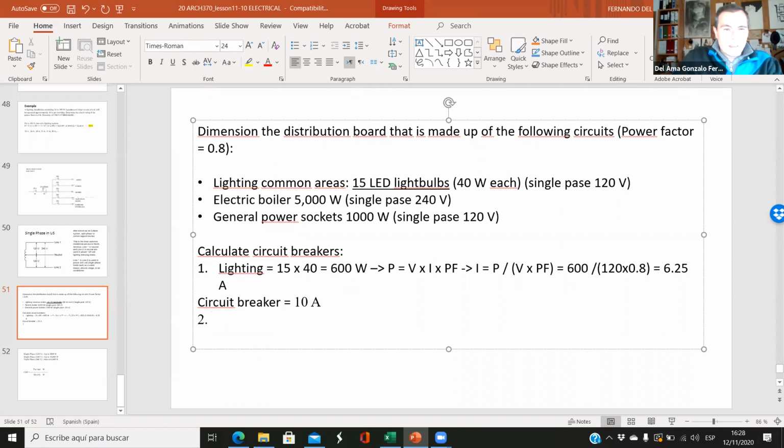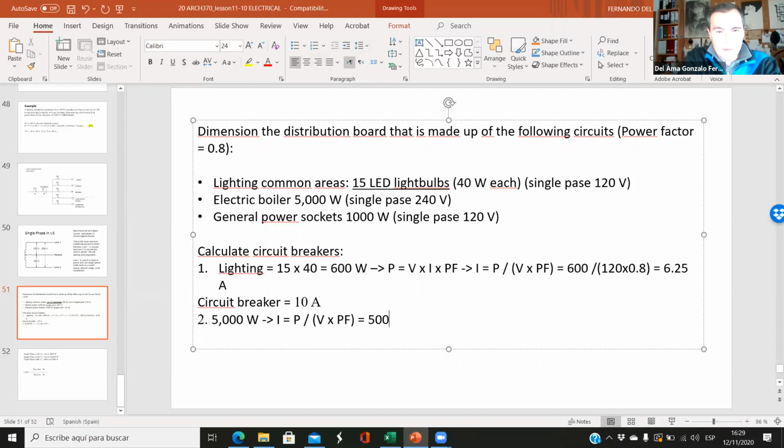The second circuit is the electric boiler. We have 5,000 watts. So how can we calculate this? The formula is always the same. Intensity is power divided by tension and power factor.